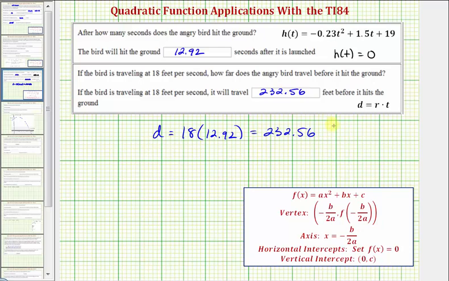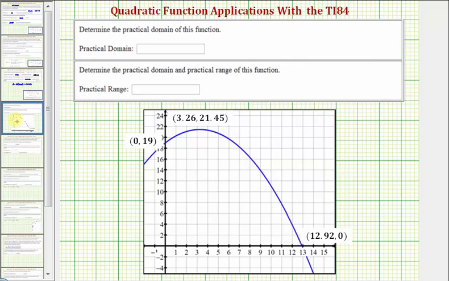Now we still have 2 more questions. We're asked to determine the practical domain and practical range of our function. We want to express these using interval notation. Looking at the graph of our quadratic function, we found the vertical intercept, we found the vertex, and we found the horizontal intercept.